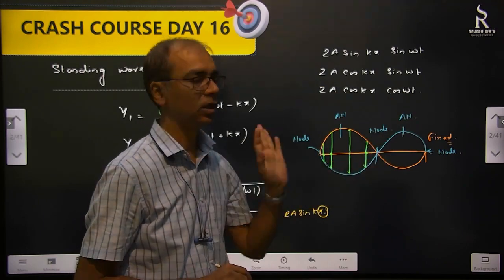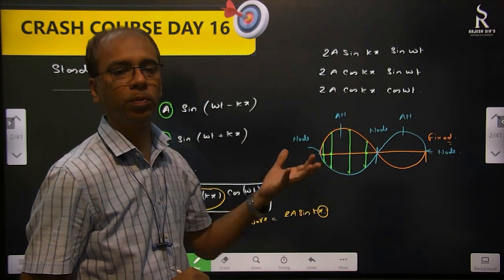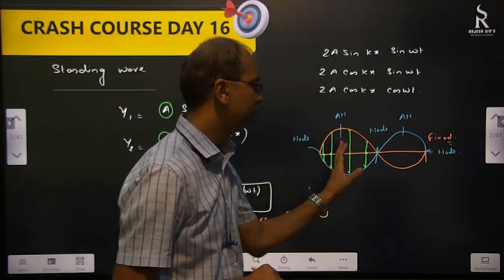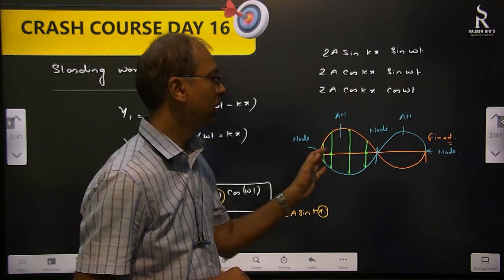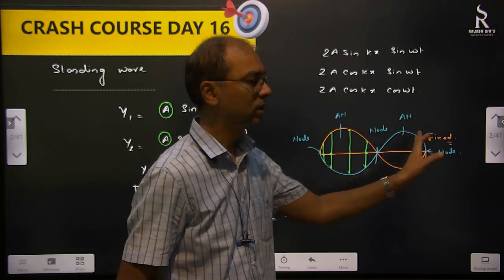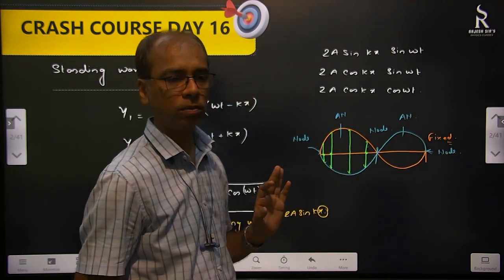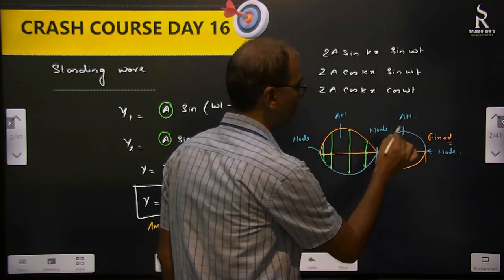It is not getting transferred. Whereas in a transverse wave or a propagating wave, energy was transferring further. That's how energy was moving ahead. But here energy is not moving ahead. This is a fixed end. Is it moving ahead on that side? No, it's not. So here energy is localized in the loops.